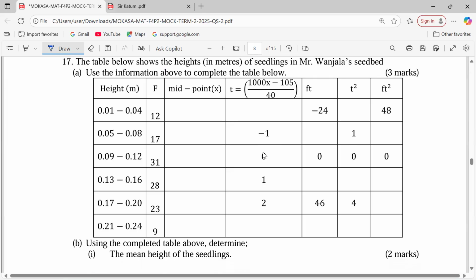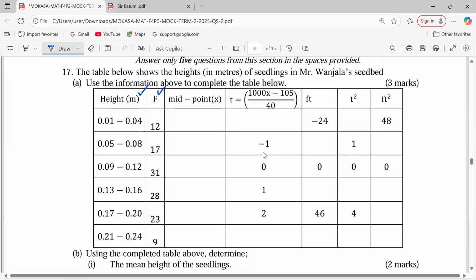We have the height in meters, which has been put in classes, then the frequencies in that particular class, the number of seedlings. The first thing is to identify the midpoint. To identify the midpoints, you add the limits and divide by 2 for every class.